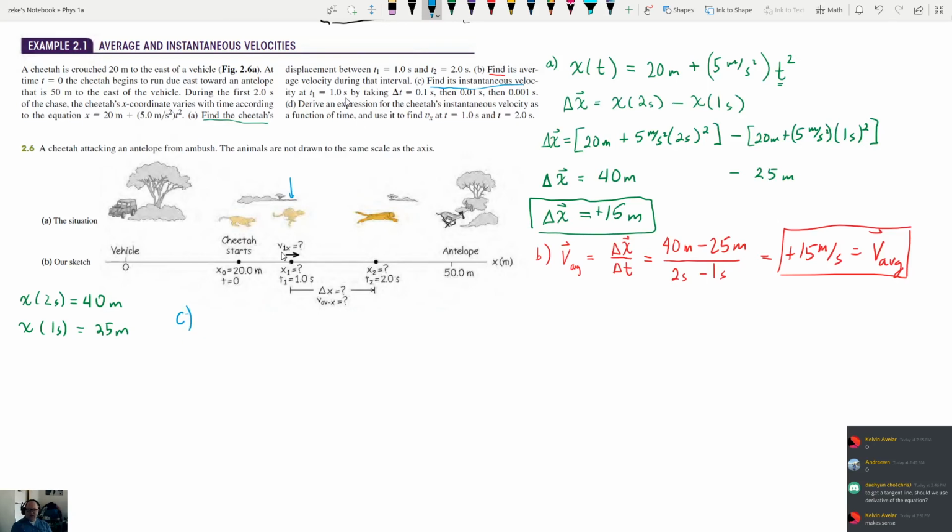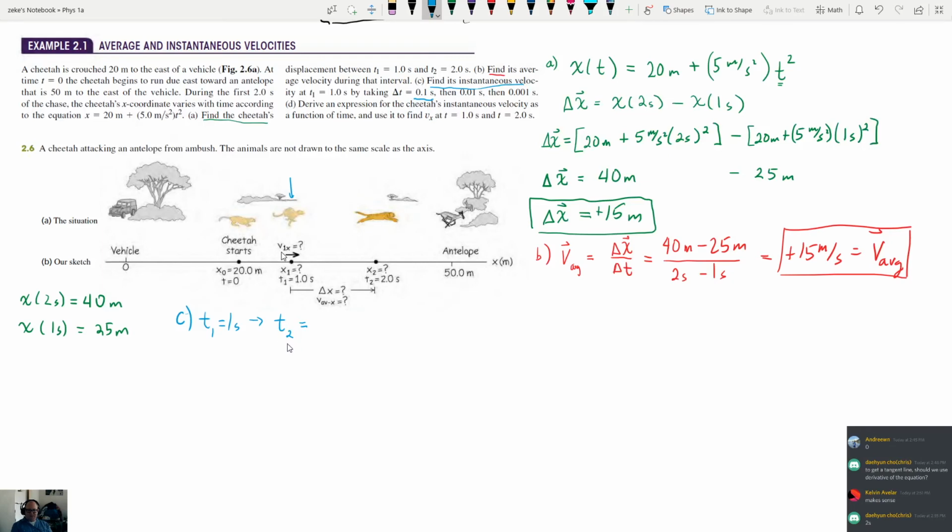The first thing is to calculate from t1 equal to 1 second, where we want to take delta t equal to 0.1 seconds. What would t2 be then? If t1 is 1 and I use a change in time of 0.1 seconds, then what would we use for t2?